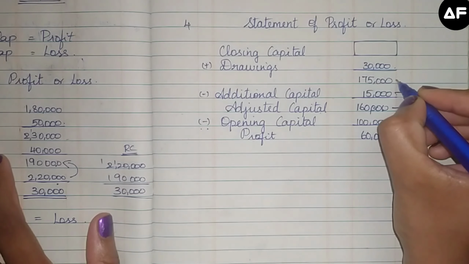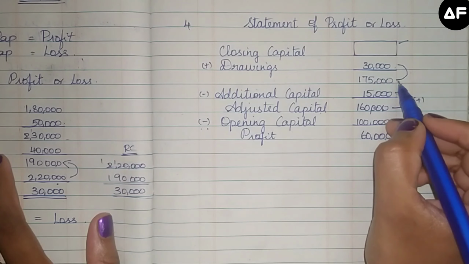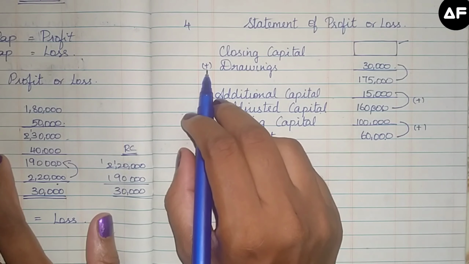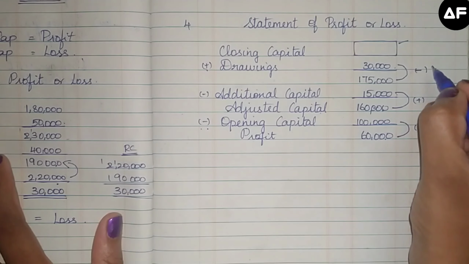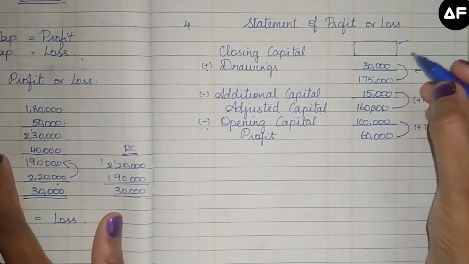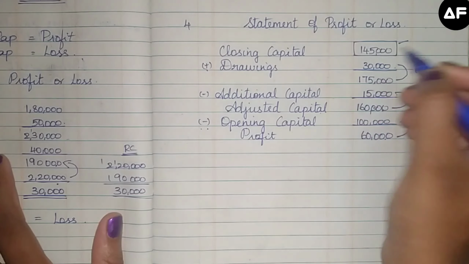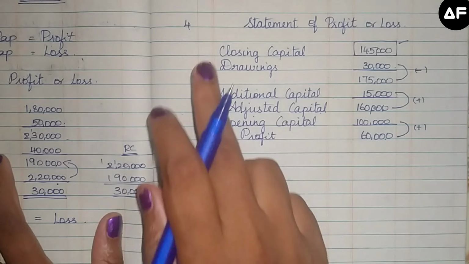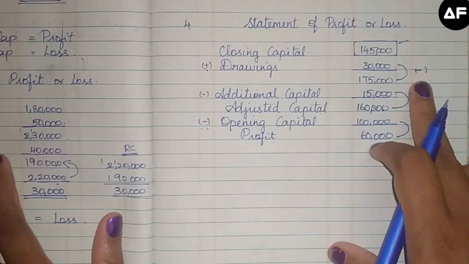Now next, you are going to do this too in order to find the closing capital. When you're doing this too, it's a plus sign over here. So ultimately, you're going to subtract over here. So 1 lakh 75,000 minus 30,000 will give me 1 lakh 45,000 as my answer. So I think it will be clear for you. If there's a plus sign over here and you work your way up, then it's going to be the opposite.